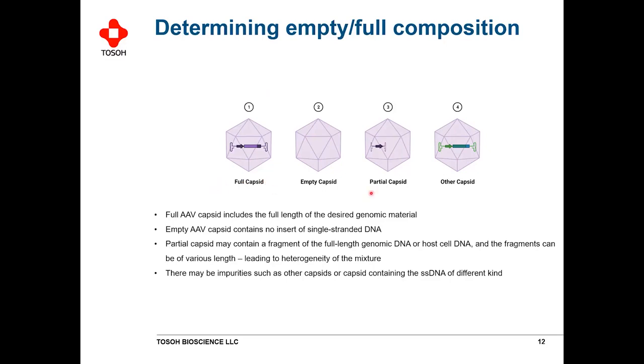But as you know, and I'm sure both on our side as well as those watching, there are a lot of things classified within the impurity profile, whether those are empty capsids, partial capsids, or maybe other capsids with host cell DNA, for example. We want to be able to quantify that. That's one of the things that we're really working on with TOSO, and this seems to be a large interest within the industry itself.